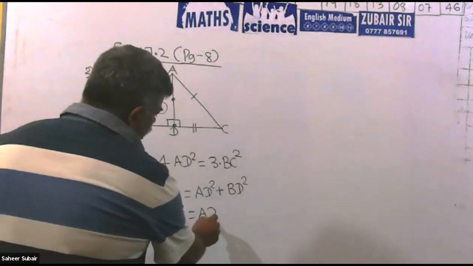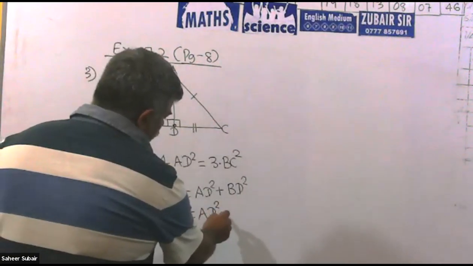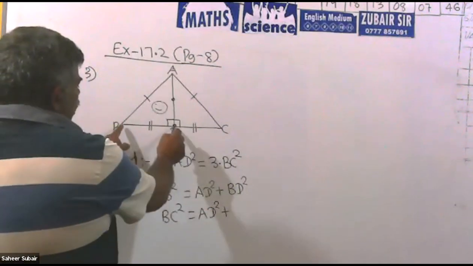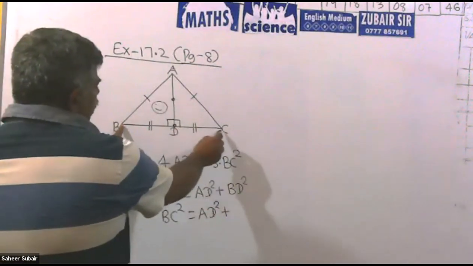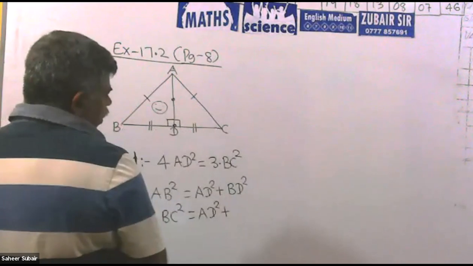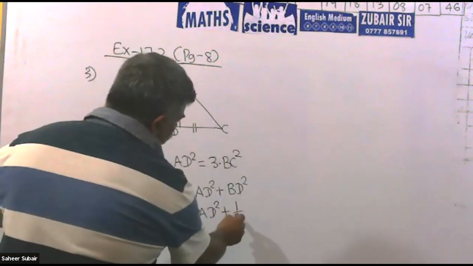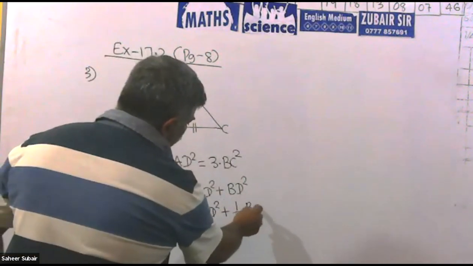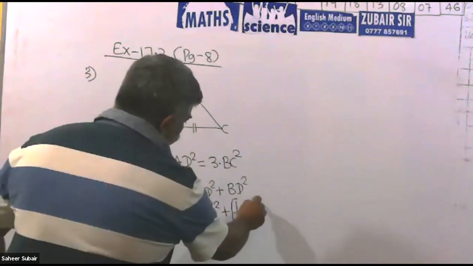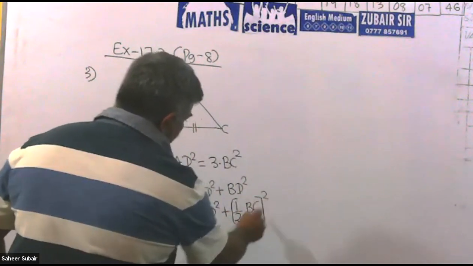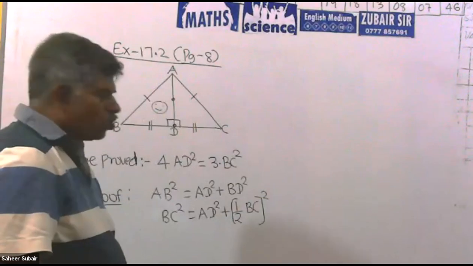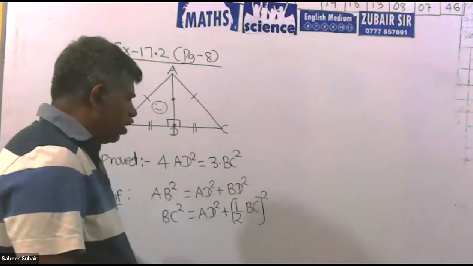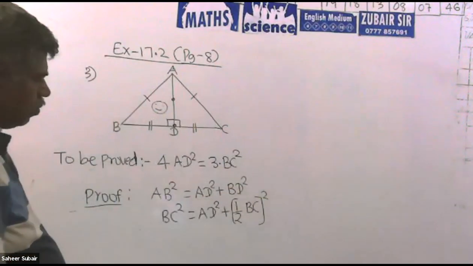Because only BC is given in the answer. Then AD is there in the answer, so we'll keep that AD. BD we don't need. BD is this part. BD is half of BC, so we can put half of BC for the BD. Then BD squared means half of BC squared.